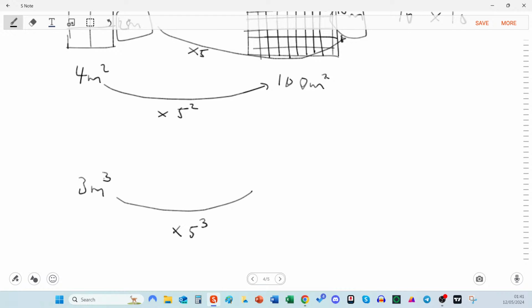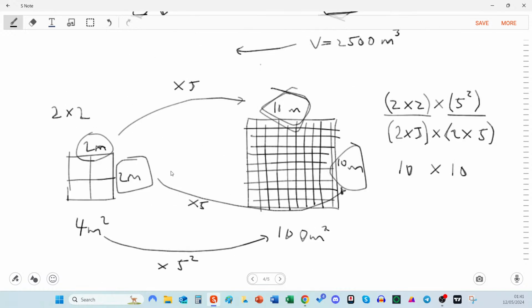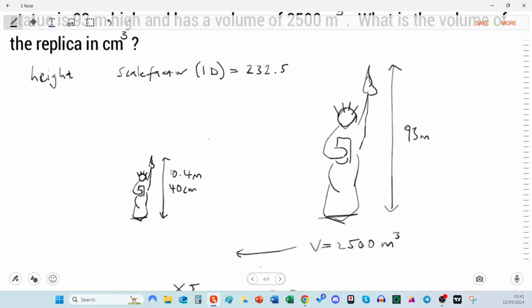So the 3 is multiplied by 125 and becomes 375 meters cubed, and it gets ridiculous. Scales up very big. So what we're learning is that for every dimension that you're scaling up, you need to be multiplying the scale factor by each dimension. And that works going backwards if you're going to scale down.